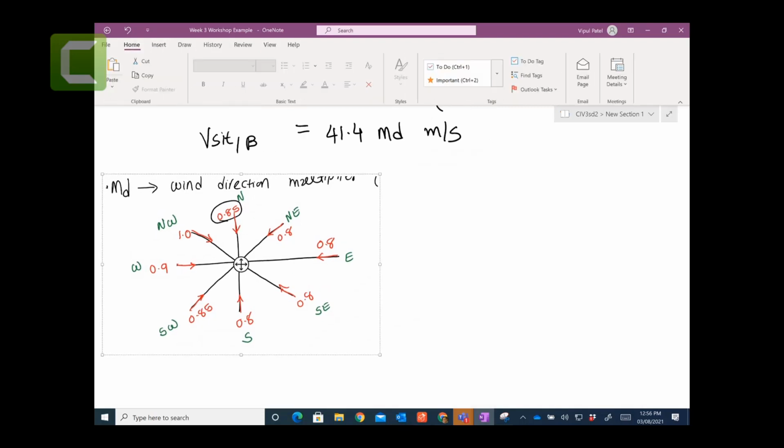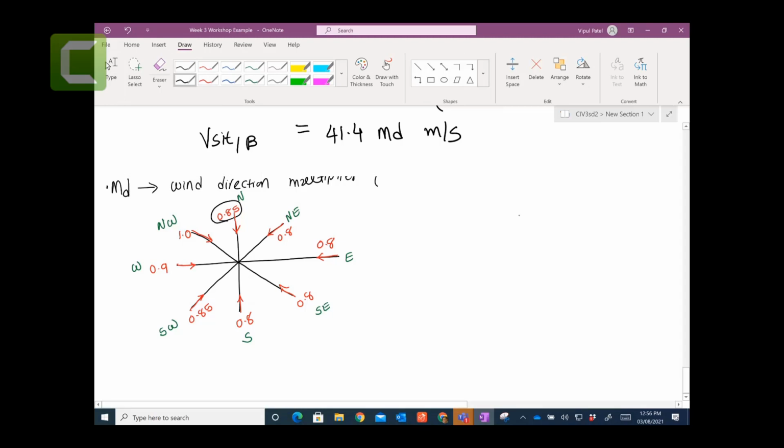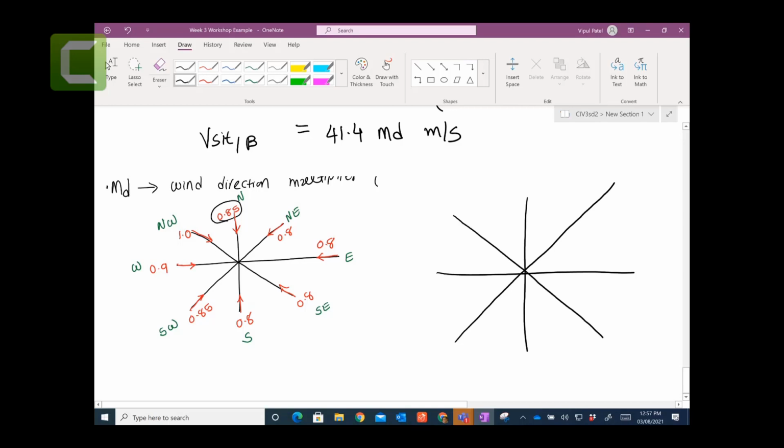Here I will read out this one: we have these 8 cardinal directions, and for north we have Md equal to 0.85. So here we will have 41.4 times 0.85, you get 35.2 meters per second, and that is your north.